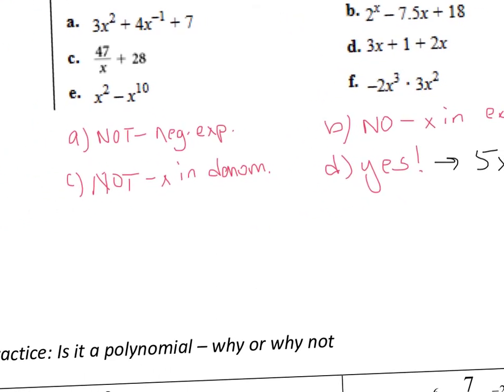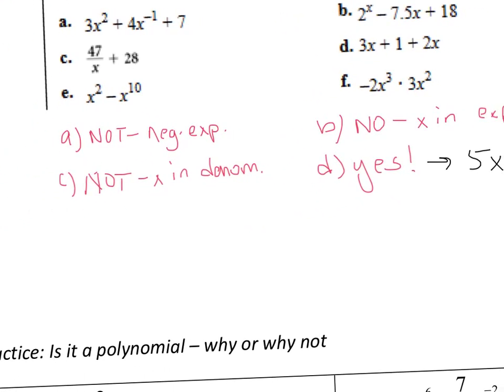Part E, we do not have any variables in the exponent, no variables in the denominator, no negative exponents, and no fraction exponents. So this, again, would pass the test. So we can say yes, that it is a polynomial.